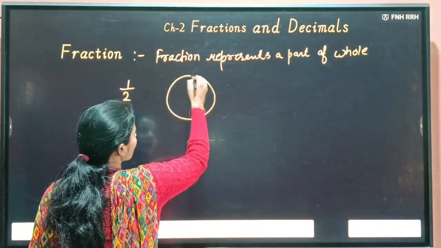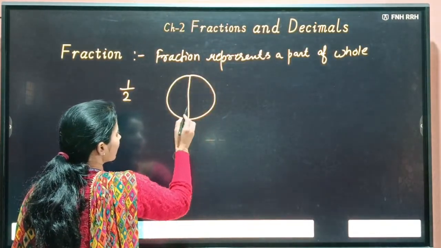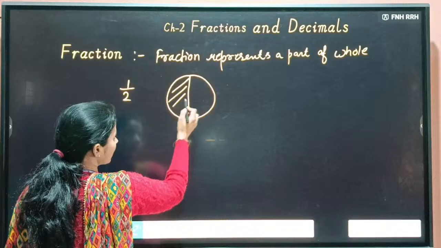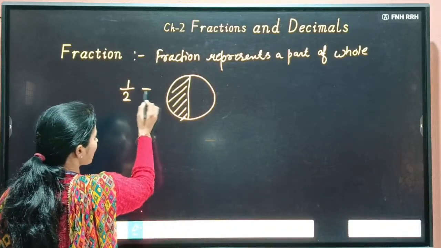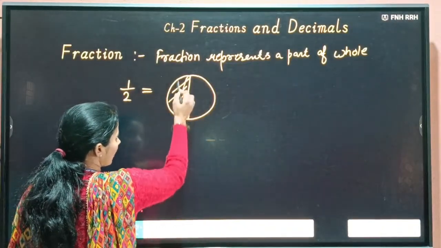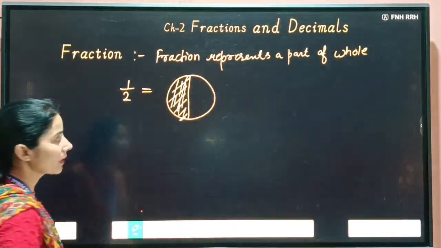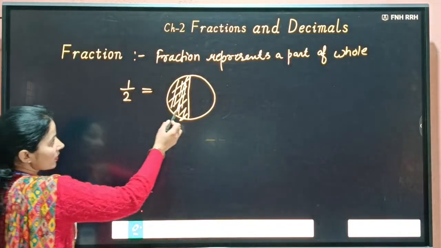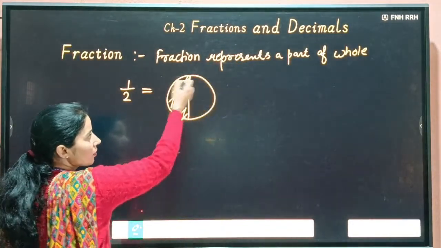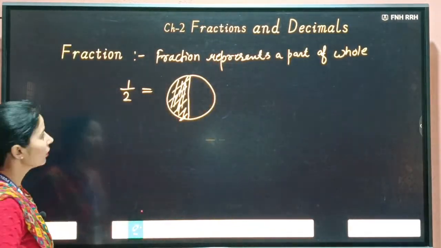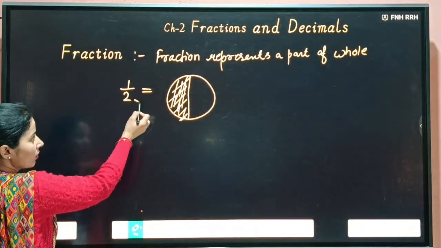This is one circle, and if I shade half of the circle, then this fraction represents this half. This shaded part I can write as 1 by 2. It is representing one part of a whole.